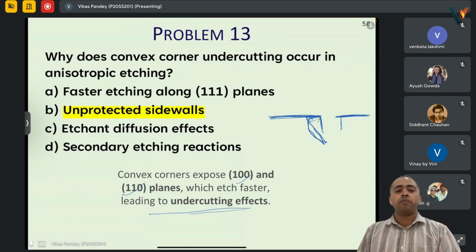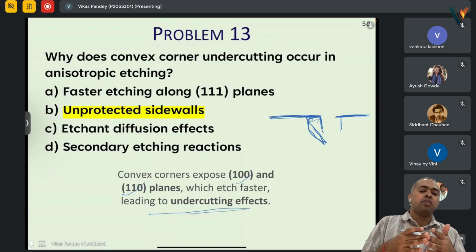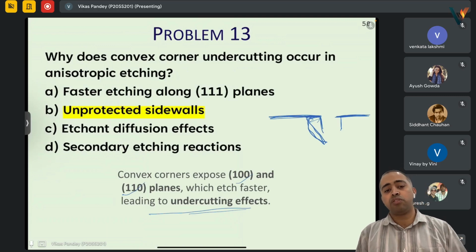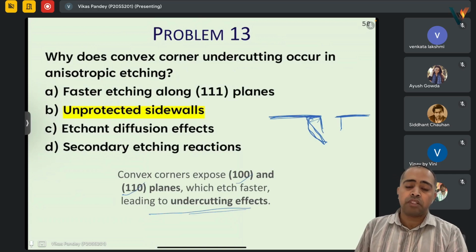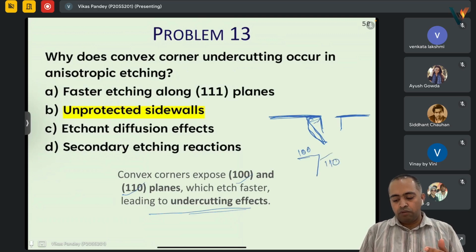In case of convex corners, that is protruding corners, these corners will have both 100 and 110 planes, which etch faster. And as such, they will lead to much faster etching, since these two planes, 100 and 110, etch faster.